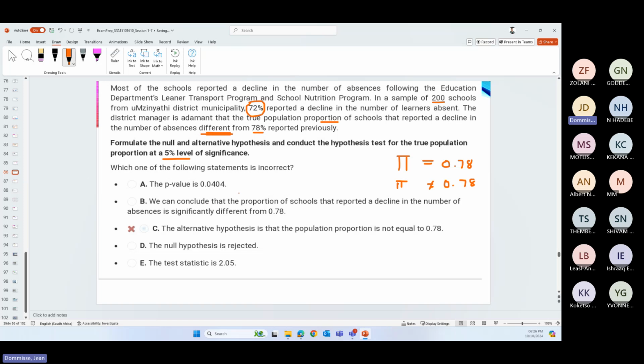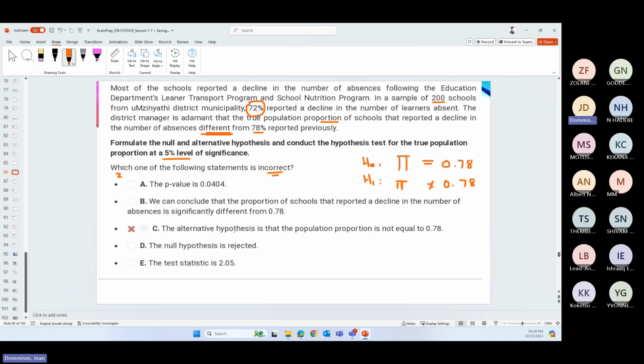Okay, so which of the following statements is incorrect? Let's first see if there's a statement about the alternative or the null hypothesis. That is always the first thing I will check, because they said we need to formulate it. Okay, p-value, we will need to work out the z. We can conclude that the proportion of schools that reported a decline in number, we will need to work that out.